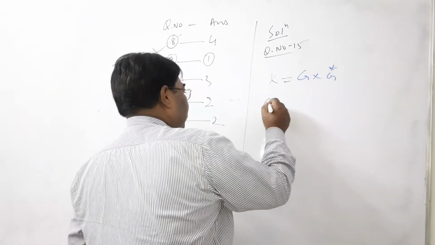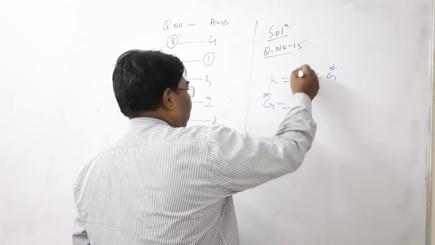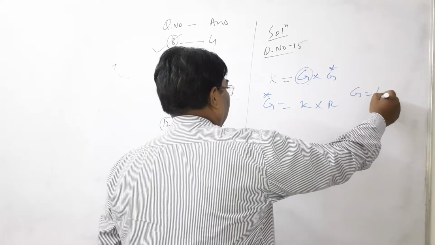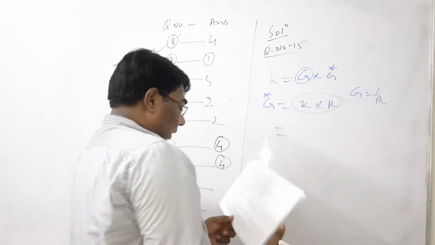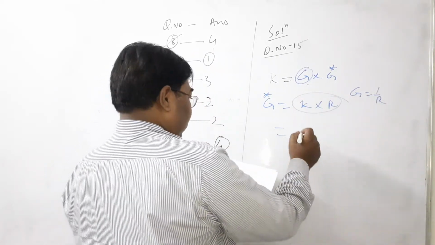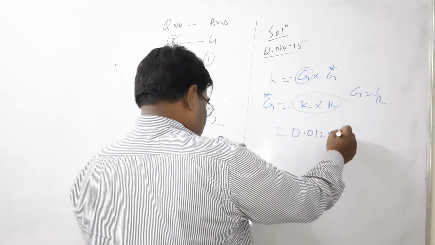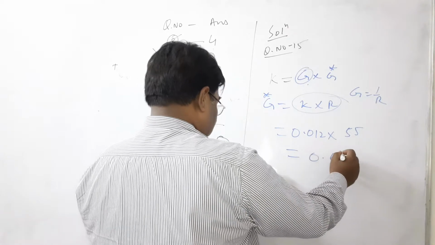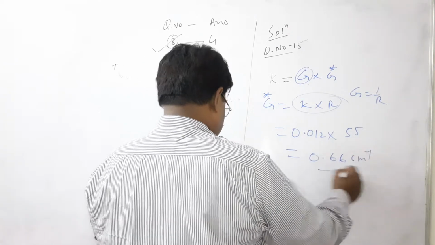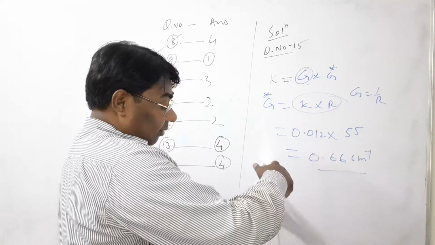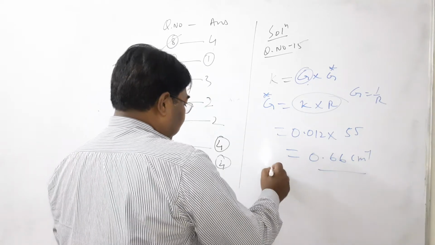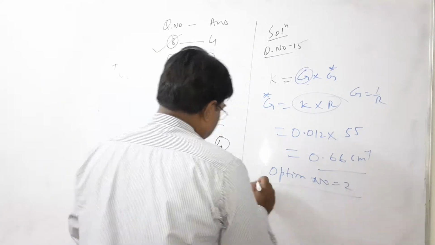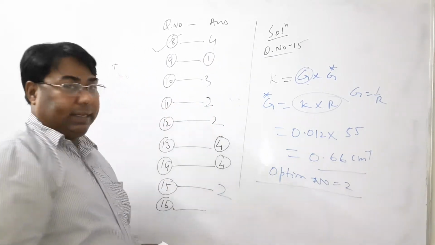G star, all of you know, is the cell constant, so G star is K into R, because G is equal to 1 by R. K is already given in the question, which is 0.012, and R is equal to 55. So the answer is 0.66 centimeter inverse, and therefore option number 2 is correct. So for 15, 2 is correct. Understand?